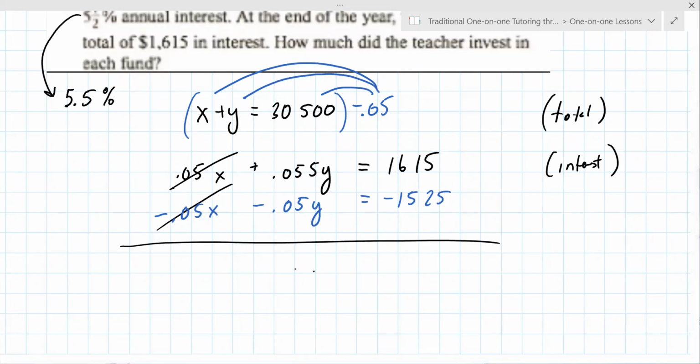Okay, so I got 0.15 equals... Let me just do the other one. So we're doing the 0.055 minus the 0.05. Oh, we're subtracting here. Well, you're adding, but you're adding a negative, so it is like subtracting. Okay, I put a positive, so let me just do that again real quick.